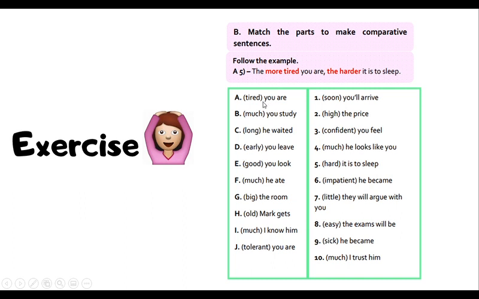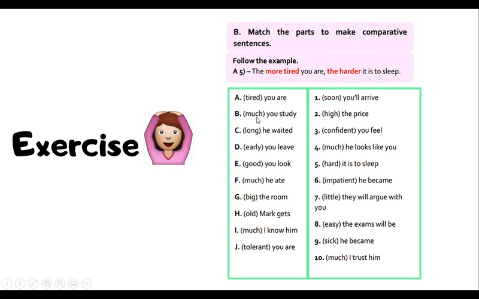So A, what is the comparative of tired? More. Great. So the more tired you are, the harder it is to sleep. So it is A and number 5. You have to find the comparative form of the word in the bracket here, which is tired, and in here is hard. Okay, easy?